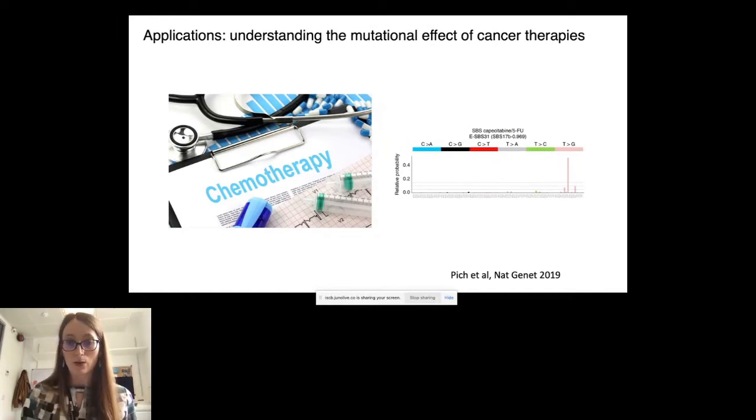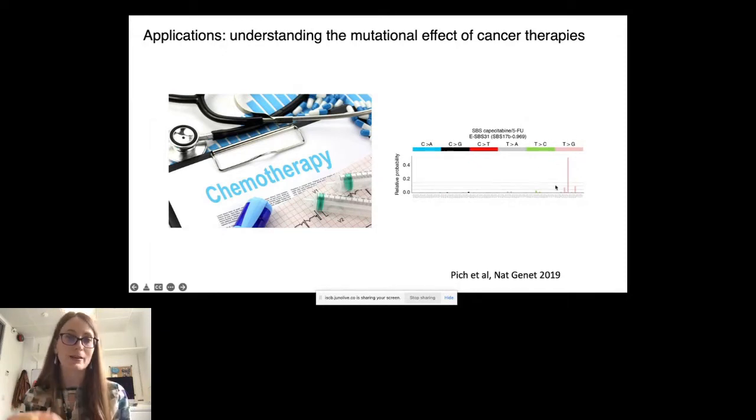Now, Nuria Lopez-Bigas's group have studied the effects of different therapies on the genome of cancer cells. And what they found out was that upon chemotherapy, you tend to see an accumulation of T>G substitutions.